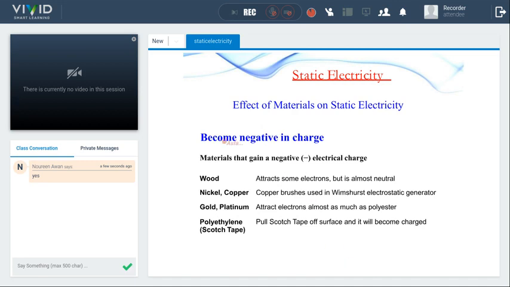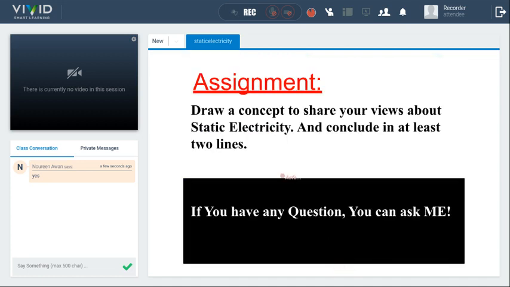Materials that become negatively charged whenever rubbed are wood, nickel, copper, gold, platinum, and polythene. Here was a discussion about static electricity, and I am assigning you another assignment.